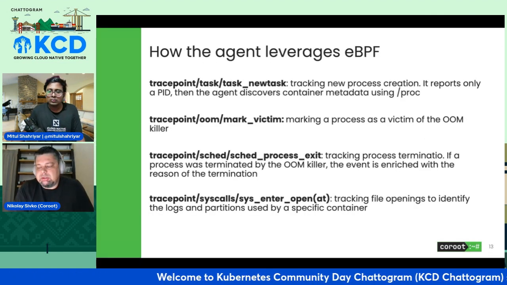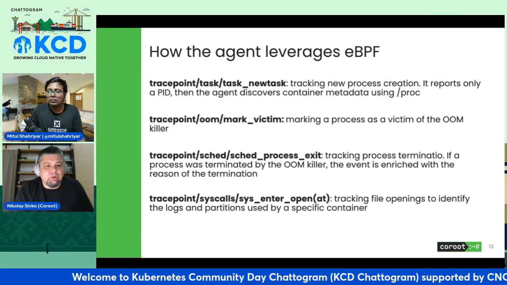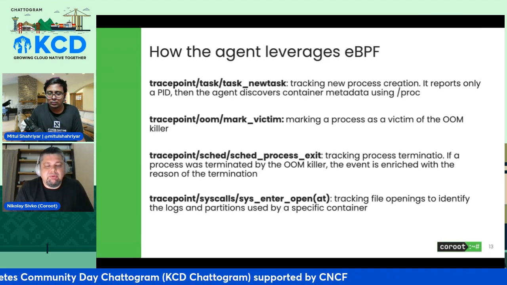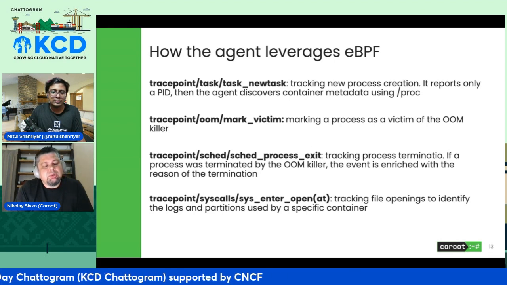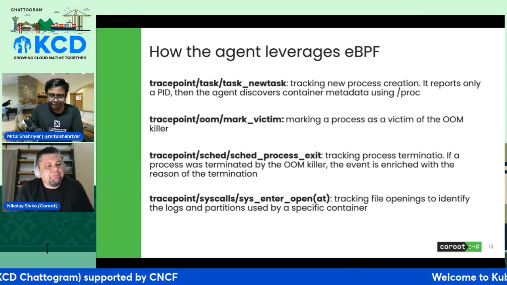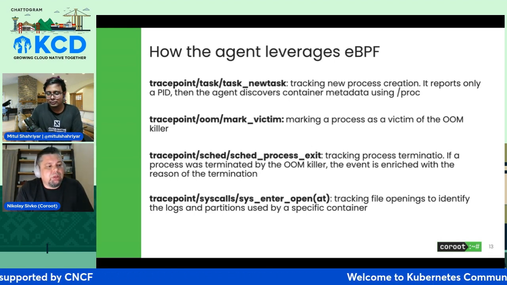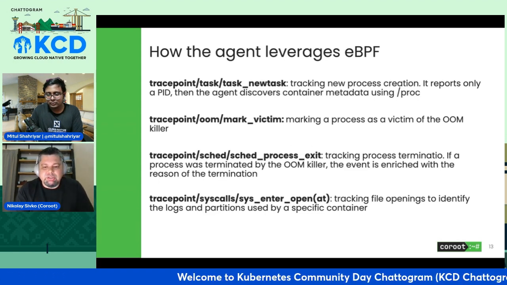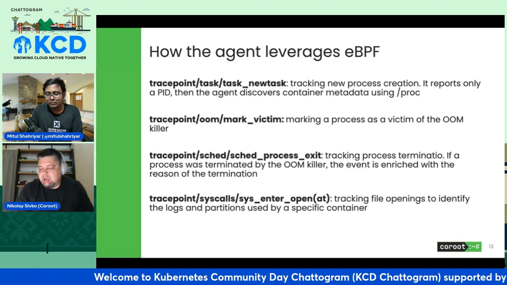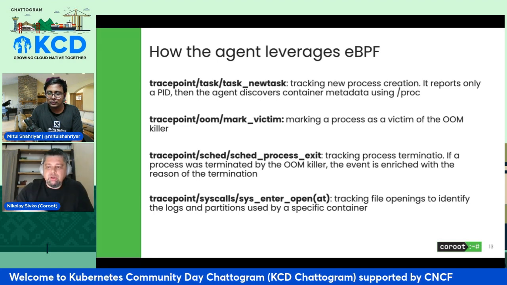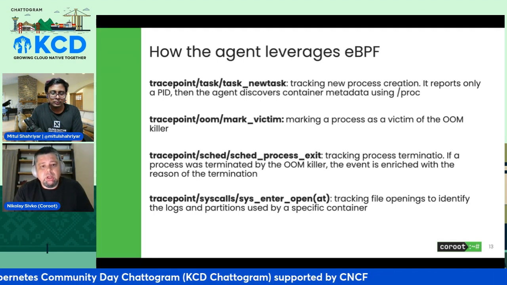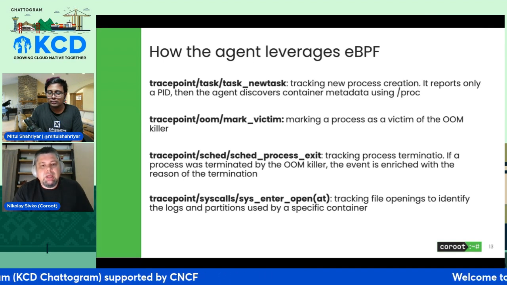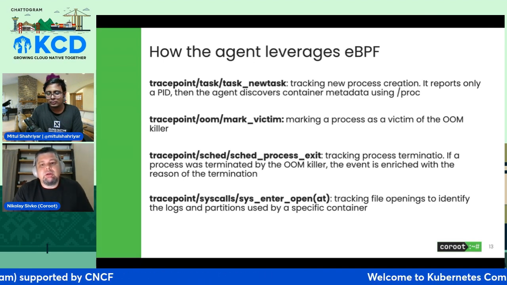And let's talk about low-level details on how our agent uses eBPF. First of all, it needs to be aware of all processes on the node. When a new process starts on the machine, we trigger some code that discovers container metadata.